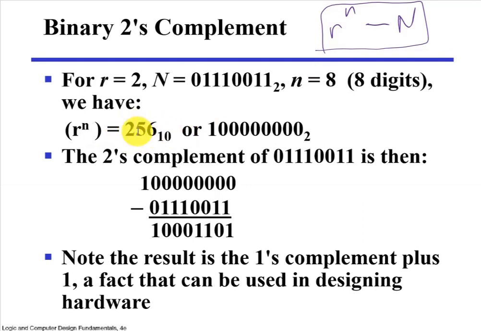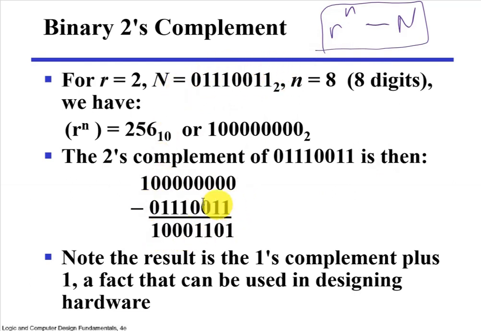If we obtain this decimal and represent it in binary, then we have the following binary representation. And minus n, this is our binary number. The 2's complement of this is then obtained by subtracting r to the n minus our n.